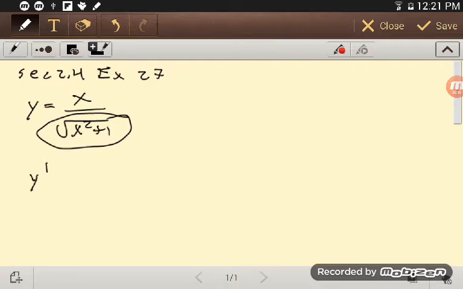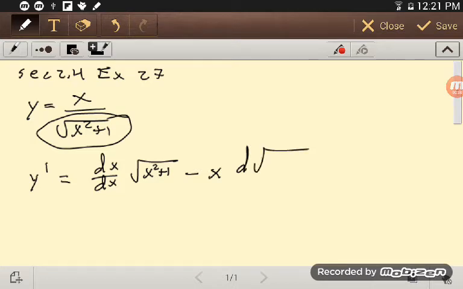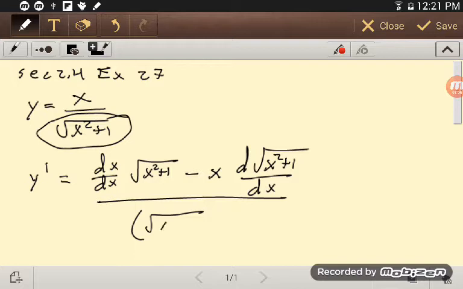So y prime, derivative of the top, so dx with respect to x, times the square root of x squared plus 1, minus x times the derivative of the square root of x squared plus 1 with respect to x, all divided by the square root of x squared plus 1 squared.